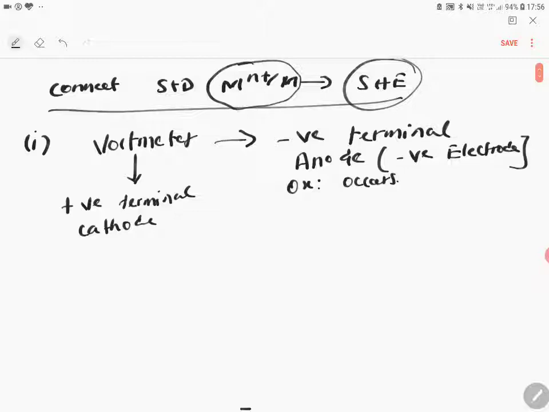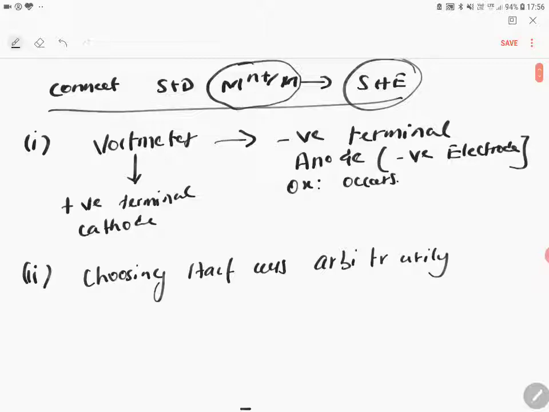Supposing you are choosing the half cells arbitrarily, it means you do not know which is the cathode, which has more reduction potential, which has less reduction potential, for the purpose of constructing a galvanic cell.